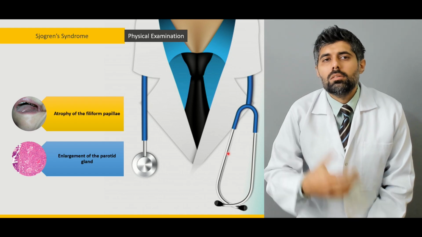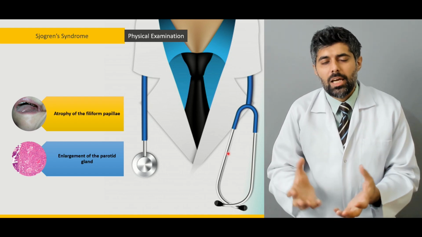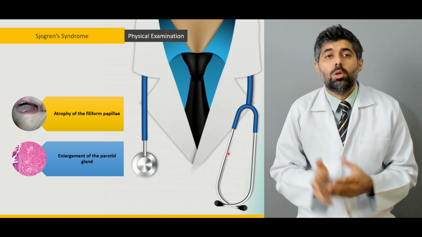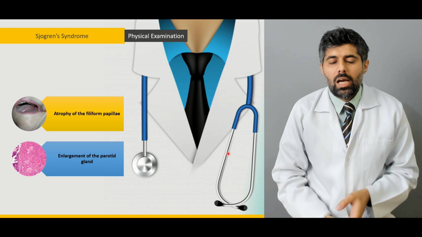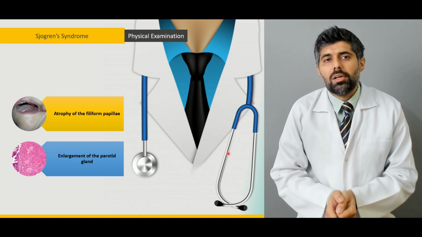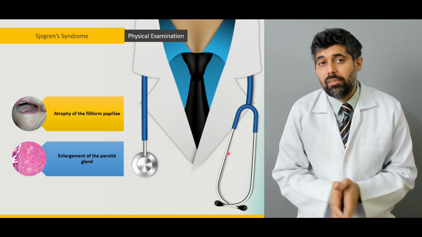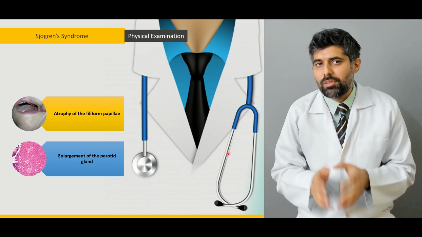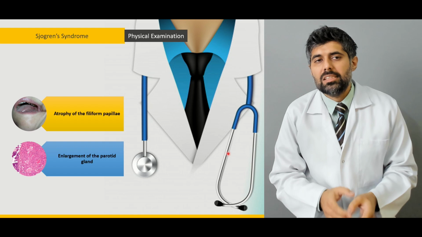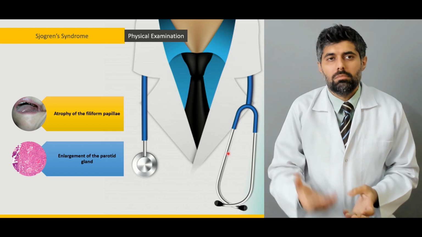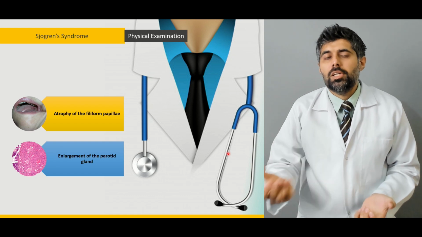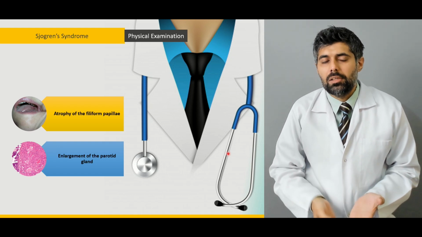Another sign that can be seen on a physical examination is the enlargement of the parotid gland. As I mentioned earlier, the parotid gland is the largest salivary gland. It is also the gland that can be felt with physical examination, as the other glands are hidden. One is underneath the mandible, the other one is underneath the tongue.